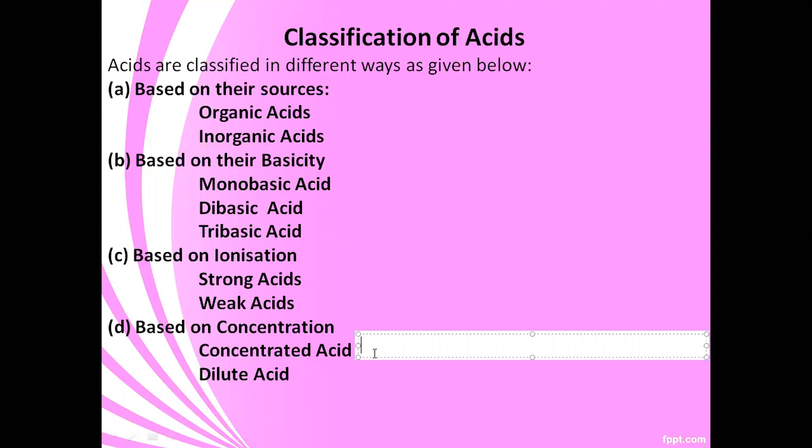A relatively large amount of acid dissolved in a solvent is called concentrated acid.